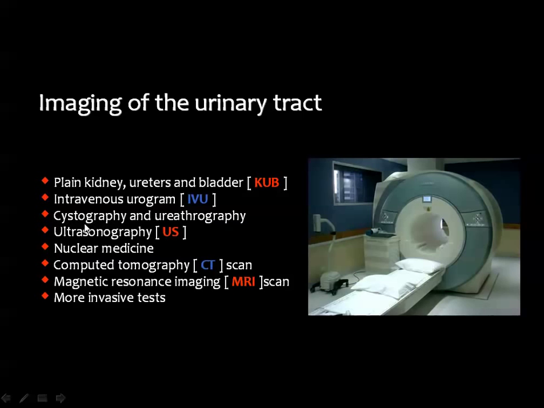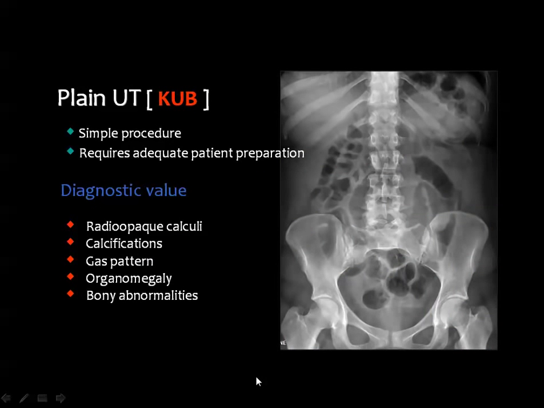Then we have the cystography and the urethrography, and ultrasound, nuclear medicine, CT, MRI, and some of the interventional techniques. To start with, I will show you some of the values of each of these imaging modalities. Then we'll discuss how we can approach the urinary tract by using these facilities.